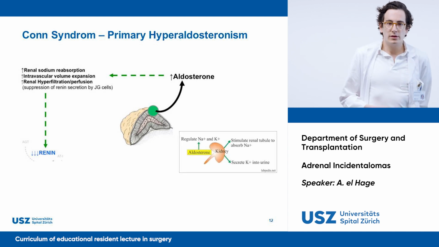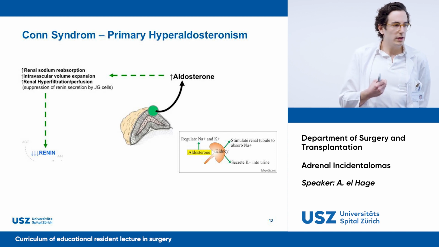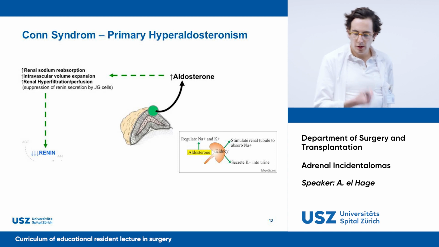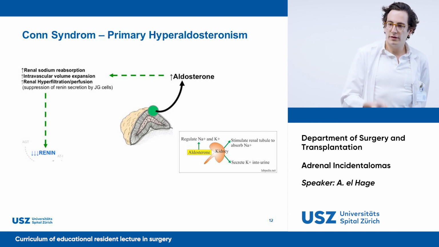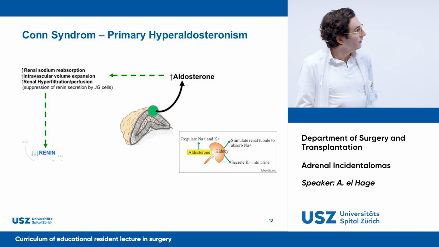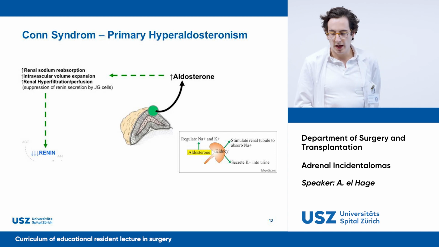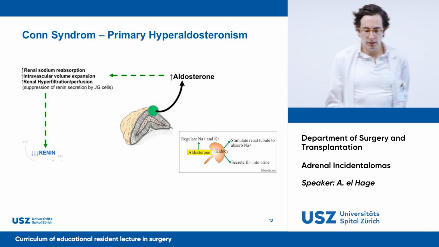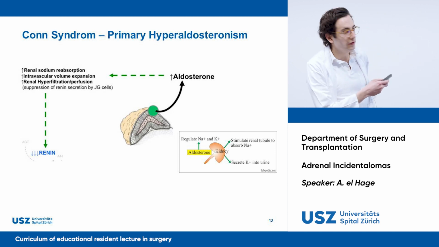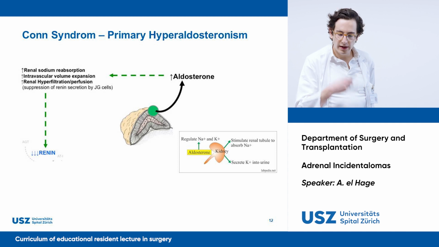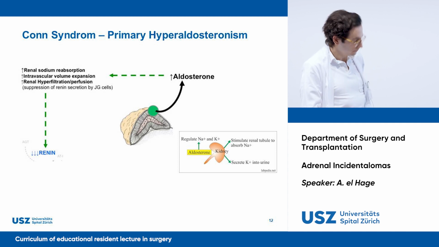Well, in the kidneys, you will have a reuptake of sodium, inducing an intravascular volume expansion, so a higher blood pressure, as well as an excretion of potassium and protons, inducing hypokalemia and metabolic alkalosis. Important to note is that in a Conn syndrome, you have high aldosterone levels and a low renin, because there is a negative feedback system behind this.